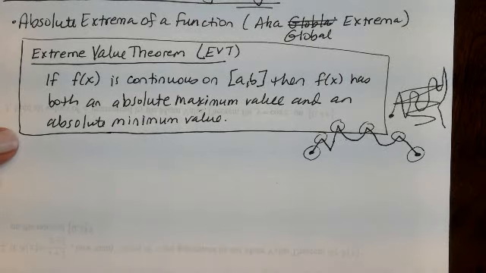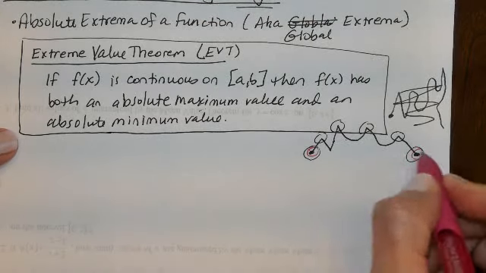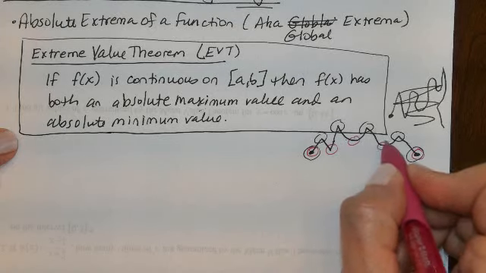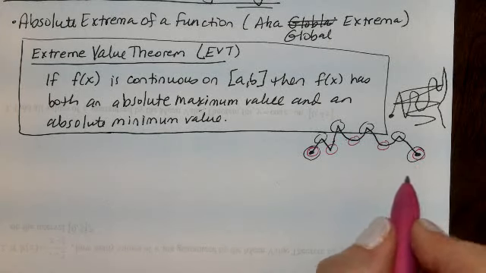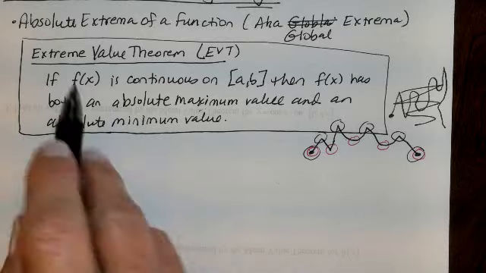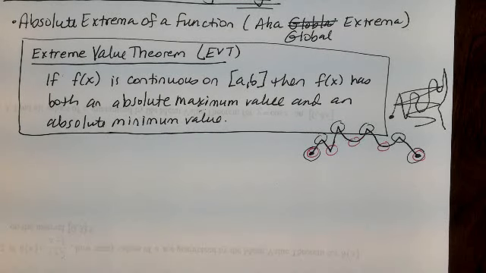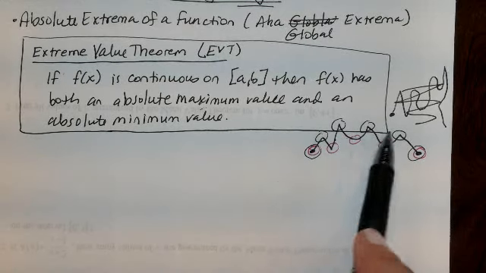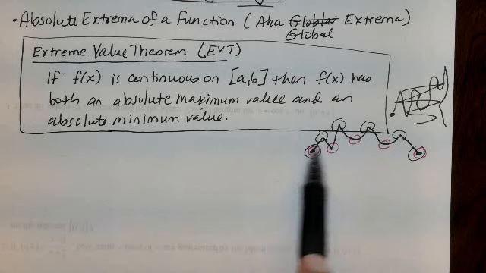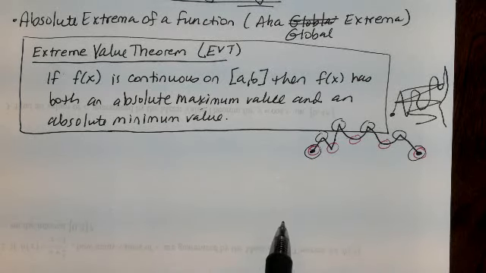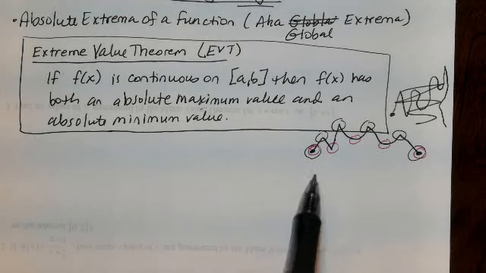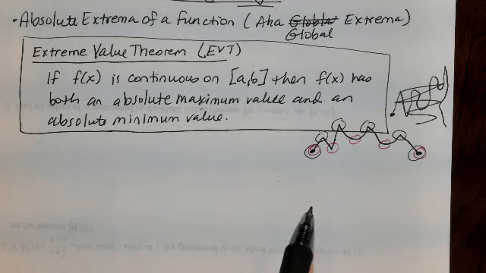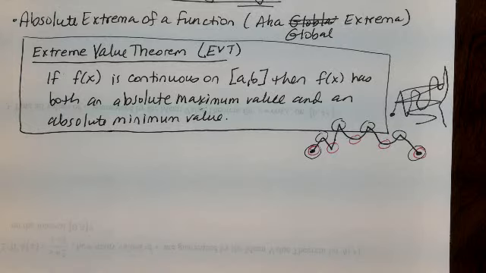The absolute min has to be either at an endpoint or at a relative min. It just makes sense. So when we're finding absolute extrema, we're still going to look at the derivative because we're still considering these relative maxes and mins as possibilities, okay? In everything we've done so far, we've started by taking the derivative, and this is no different.